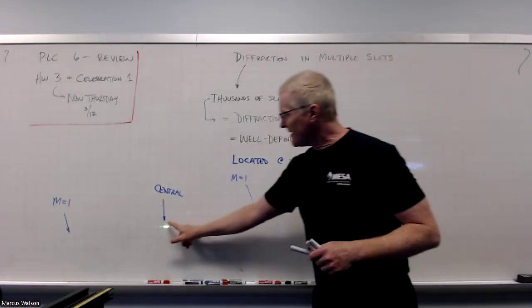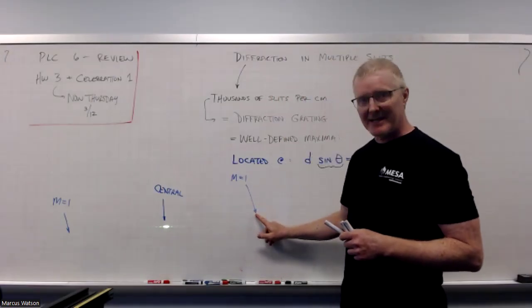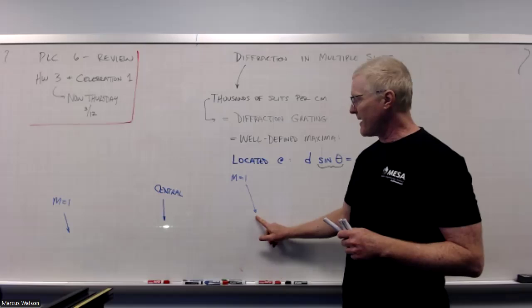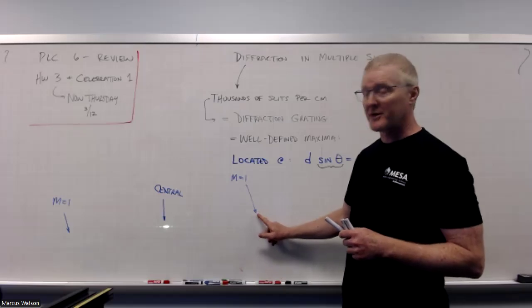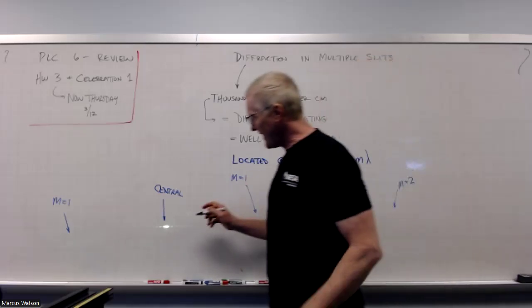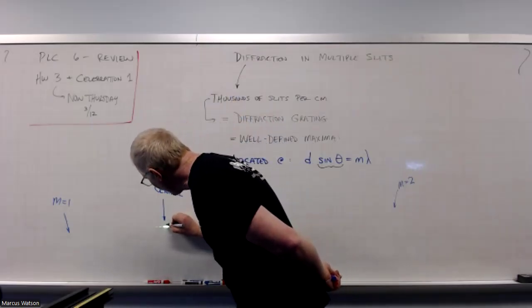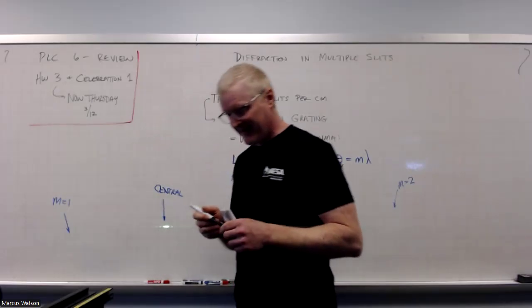But notice that in the diffraction grating case, that's not a possibility, because the first maximum doesn't occur until well over here. The first maximum is right there, and then the central maximum is right there, and then the first maxima on either side are like that.